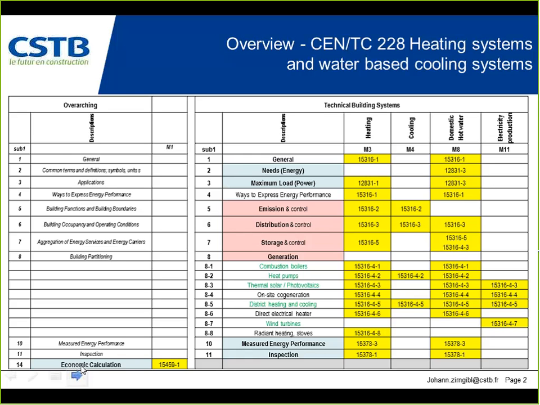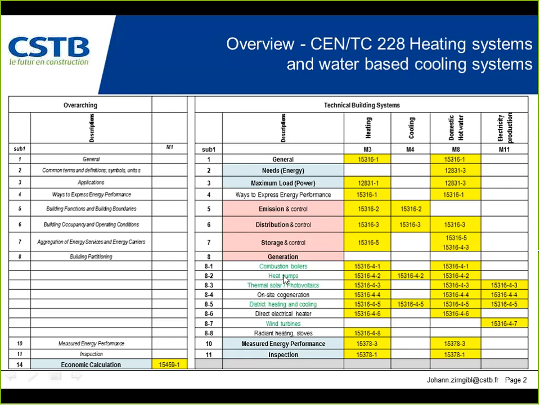And then the other ones, which I will talk a lot more about today, are the standards related to the energy calculations of heating systems in buildings. So here you have emission and control, distribution, storage, and generation. And we have a lot of standards related to generation.